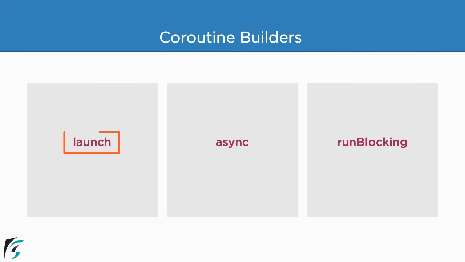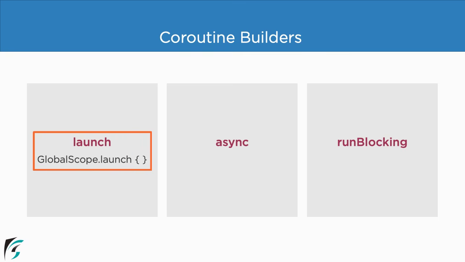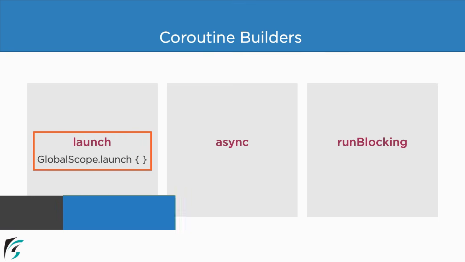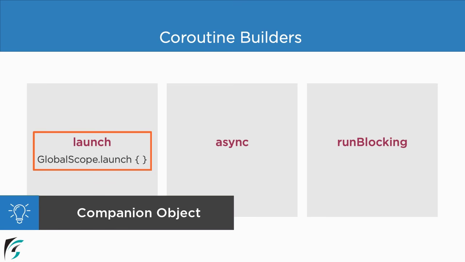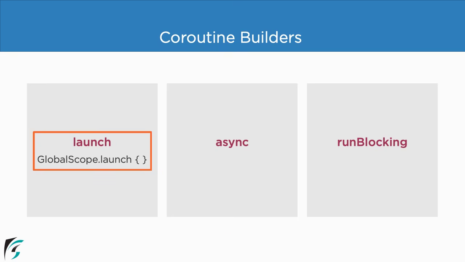Now, in case of the launch function, we also have something called GlobalScope.launch. Well, this GlobalScope is actually a companion object. And in the previous video, we created our first coroutine using this syntax. Now don't worry, we will shortly discuss what is the difference between GlobalScope.launch and only the launch function.